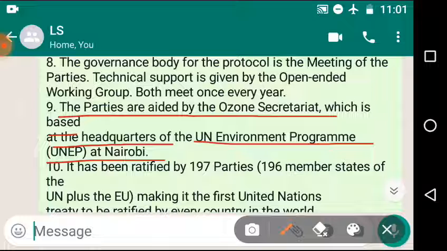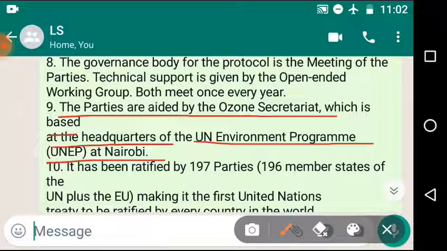All the responsibilities of bringing the parties together are carried out by the secretariat of this Montreal Protocol.